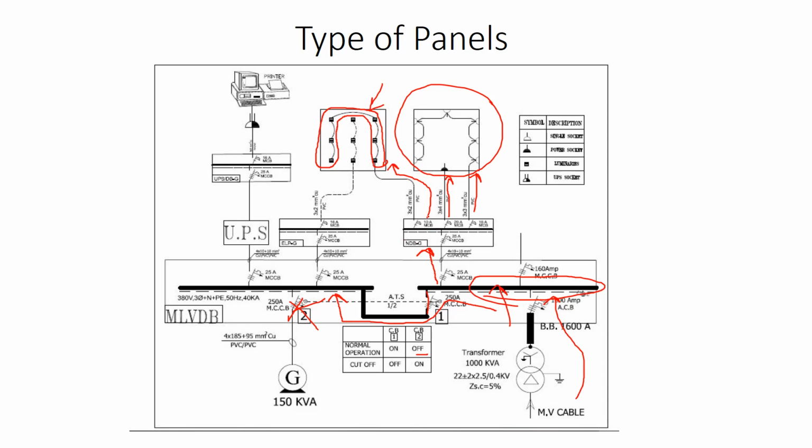Now from the other side, it will supply electrical power to the emergency board and to the UPS. Then the emergency board will supply electrical power to the 3 remaining luminaires, this one and finally this one.